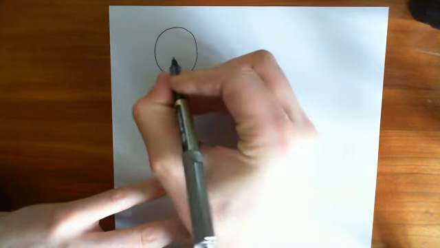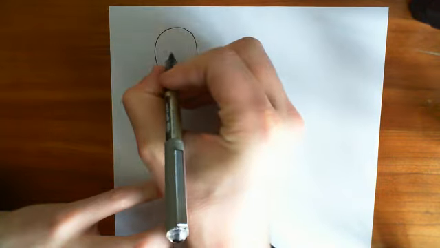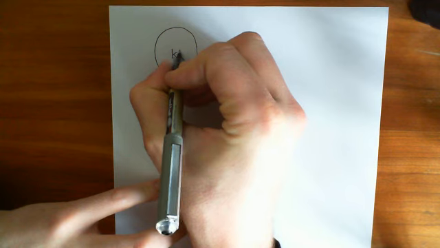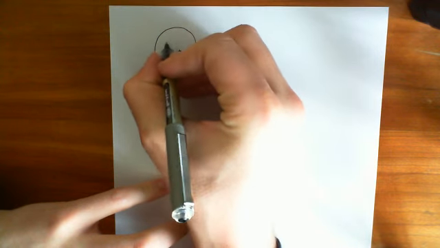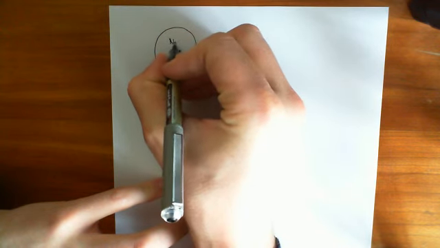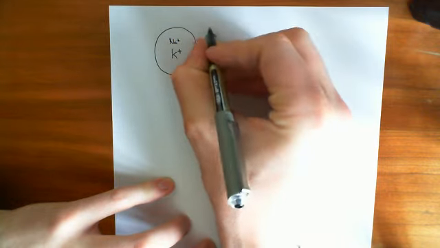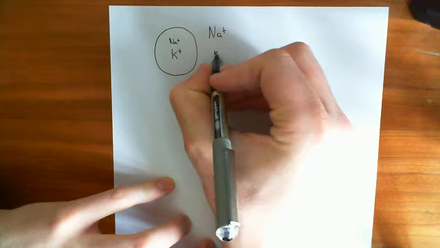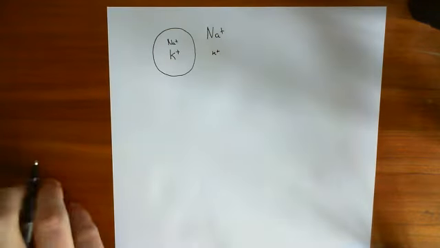Okay, so firstly, if we have a cell here, then the cell has a very high concentration of potassium inside it. So potassium is very, very high inside the cell, and sodium is very, very low inside the cell. So you have hardly any sodium inside, and you have a big concentration of sodium outside, and a small concentration of potassium outside.